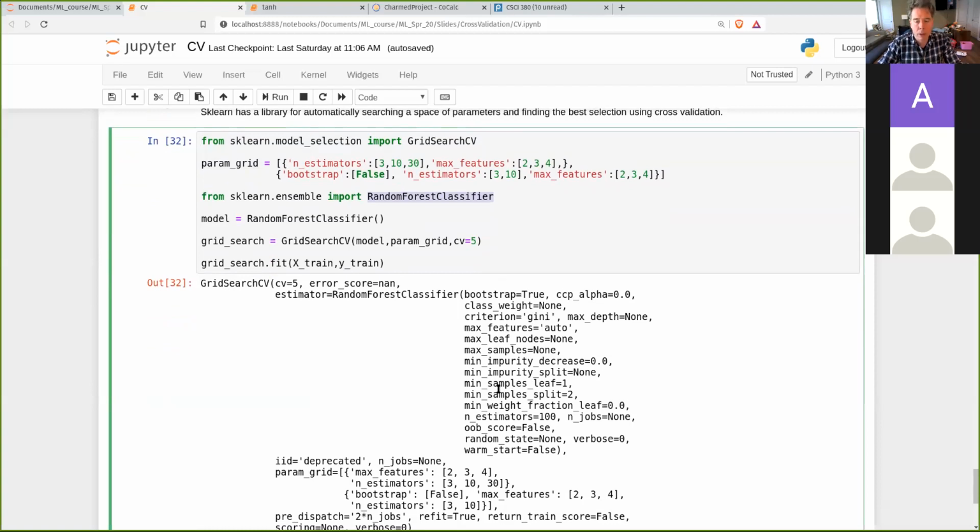We haven't talked about decision trees yet, and hopefully we will. But some of these are the number of estimators. A decision tree is one model, and there are ways of combining different models, called ensemble methods.